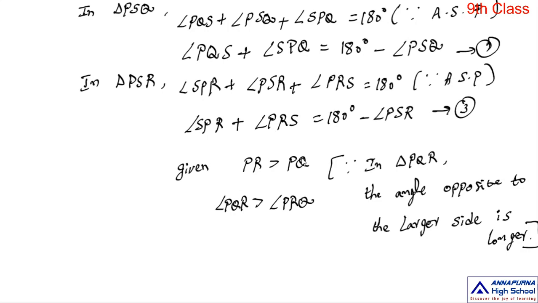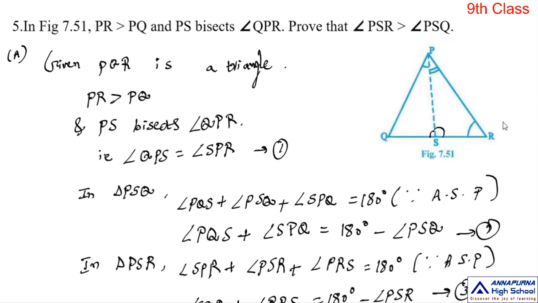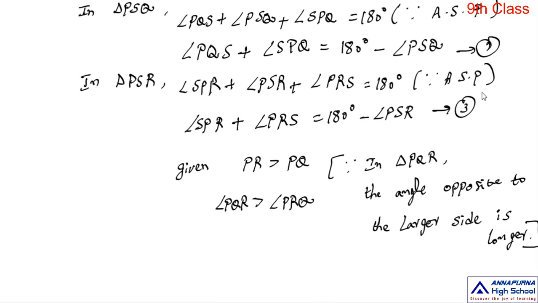See the figure. Angle PQR, this is the complete angle Q. Angle PQR means angle Q. Angle PQR and angle PQS are the same angles.